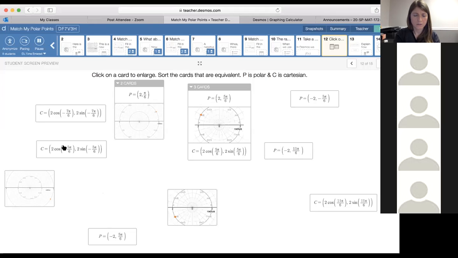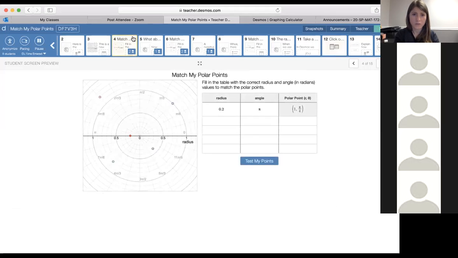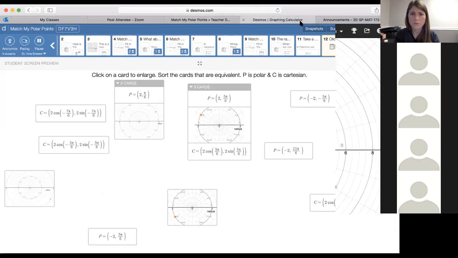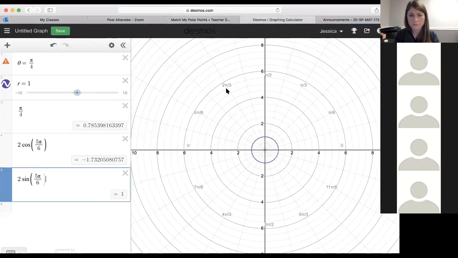If I think about these two angles, and this guy, negative 7 pi over 6. So if I think about negative 7 pi over 6 and where that angle is, think about it maybe even on your polar grid. Sorry guys, I didn't mean to pop over there. Think about that on your polar grid over here.